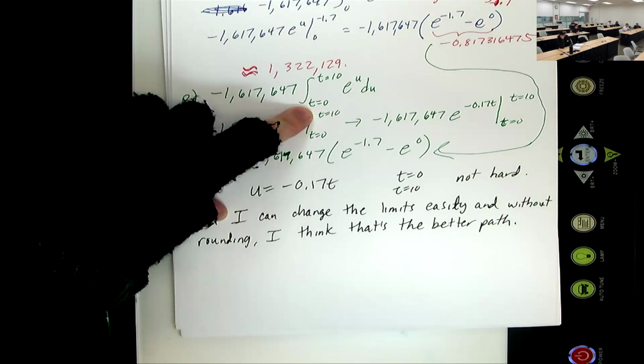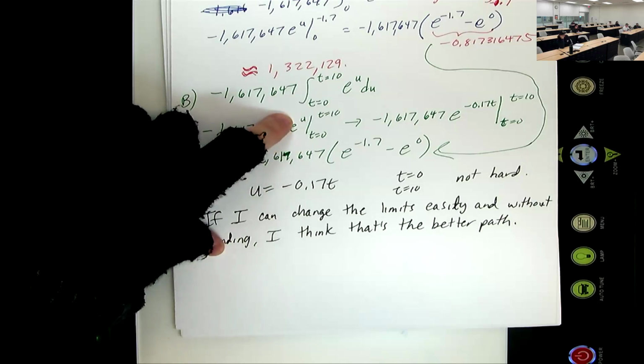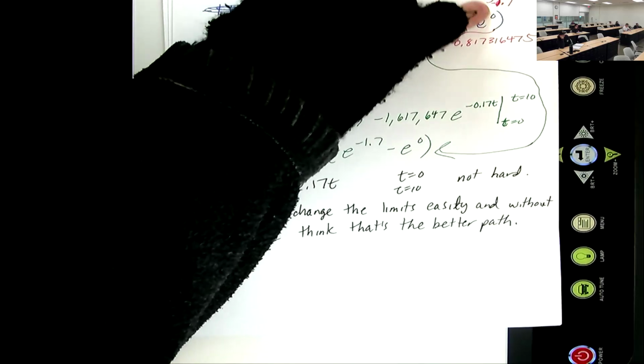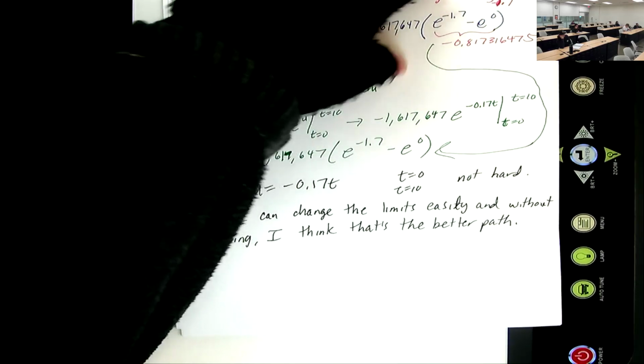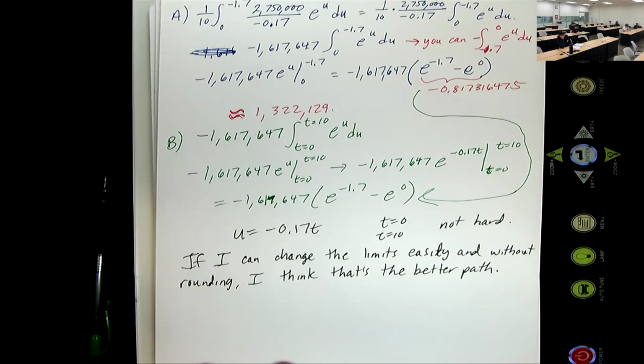You get distracted for a second, you look away, you look back, and you start plugging in 0 to 10 right here, rather than what you needed, which would have been, if we had it in u, negative 0 and negative 1.7. That's the problem with having to switch back.